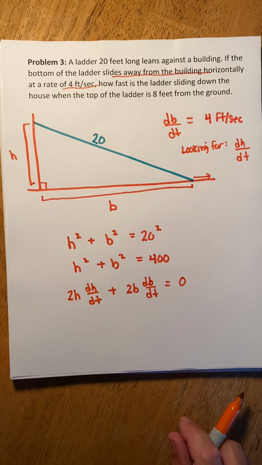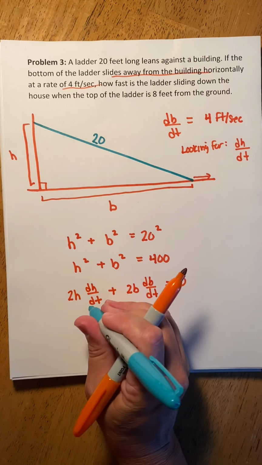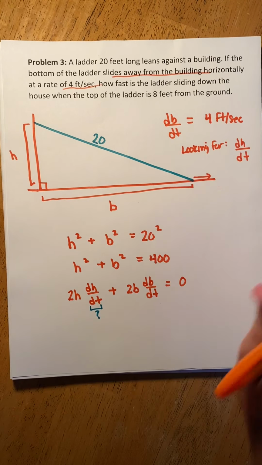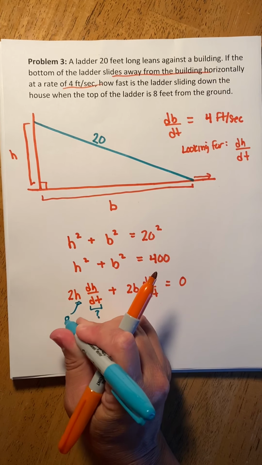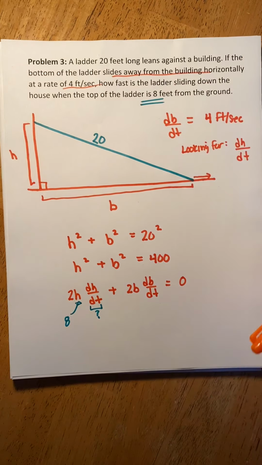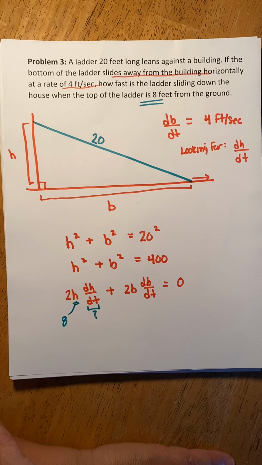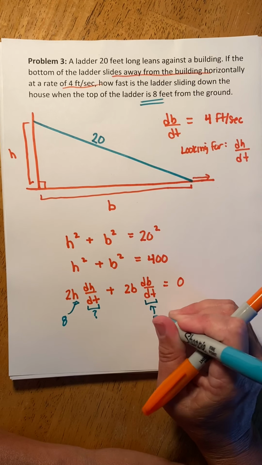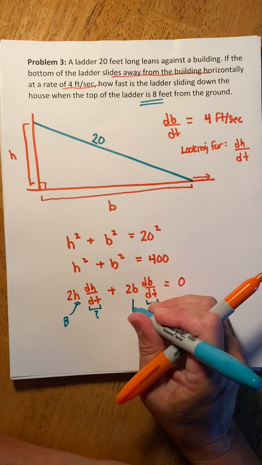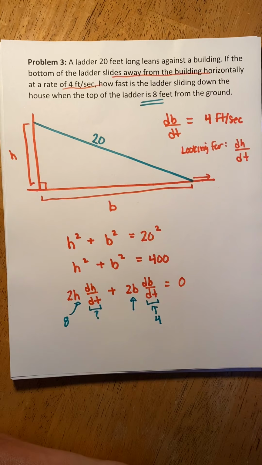All right, so now we have to plug in everything we know and decide what we're looking for. So this is what we're looking for. We know that h is 8 because it's telling me when the ladder is 8 from the ground. So we're taking that snapshot in time as things are changing. We're told that this is 4. So the question is, what is b? Well, let's think about this.